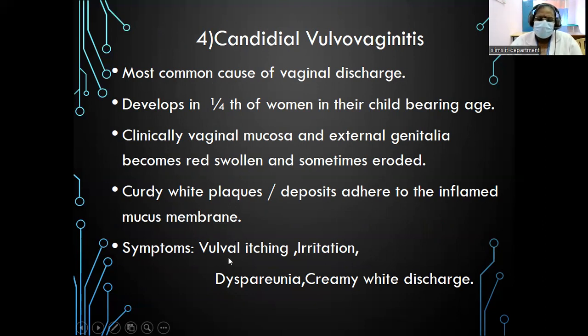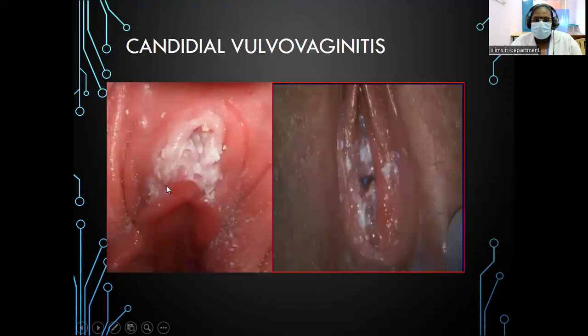Symptoms may be vulval itching, irritation, dyspareunia, or creamy discharge. Only the discharge may be the main symptom. This is the typical clinical morphology of candidial vulvovaginitis, a curdy white precipitate at the introitus.